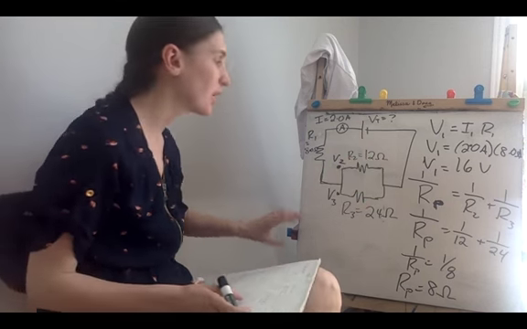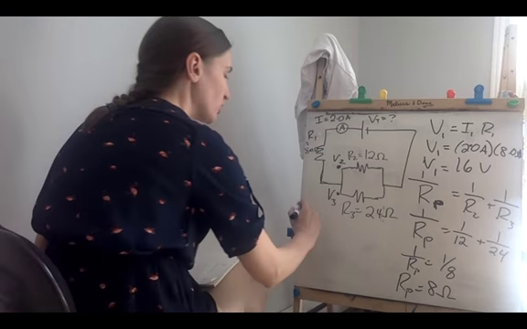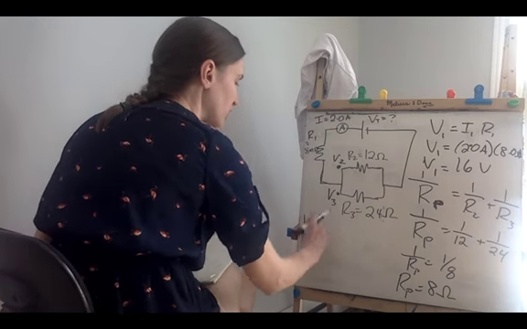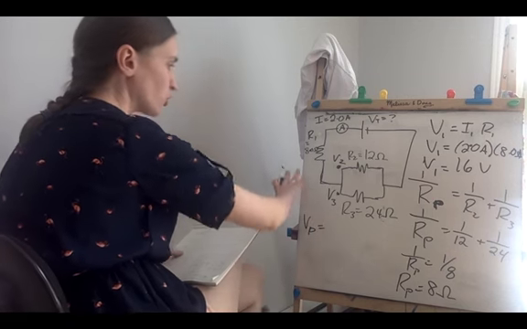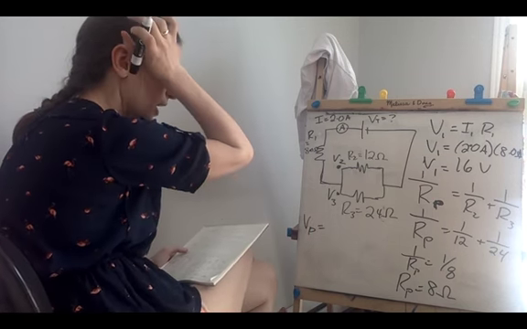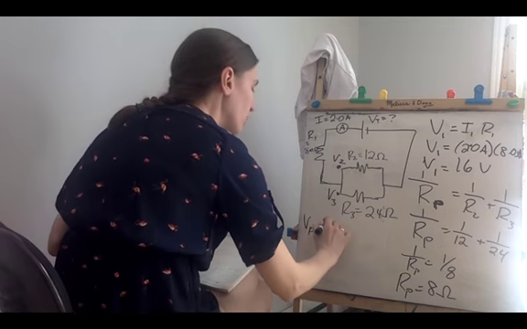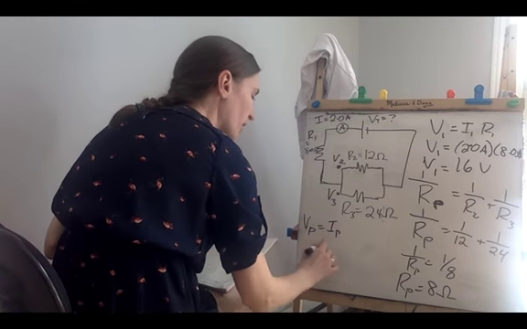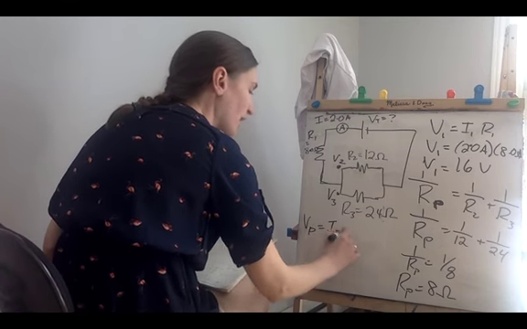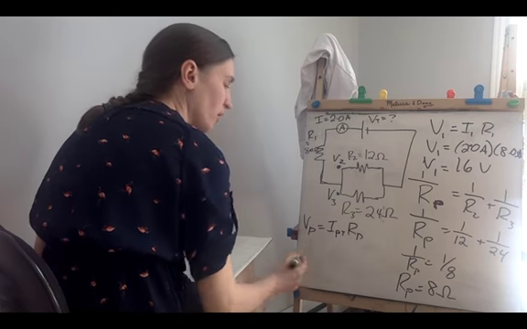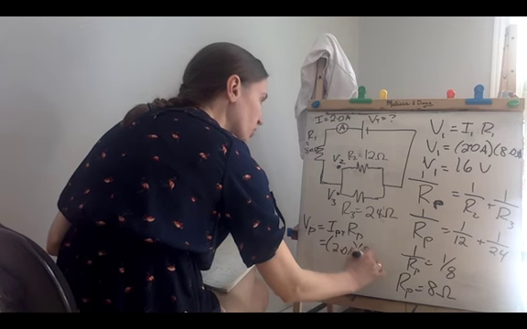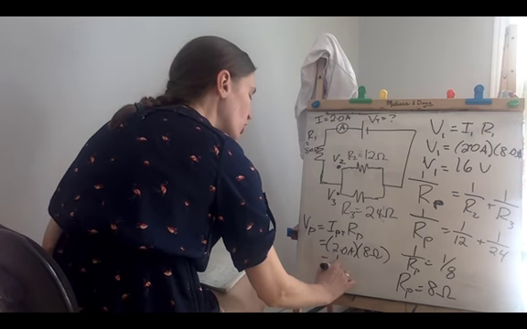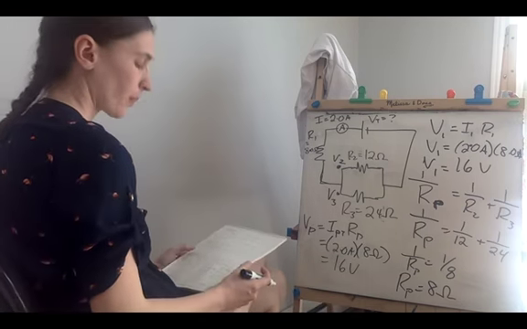So we can calculate the voltage, which I'll call V_P for the parallel section. The total voltage in the parallel section equals the total current passing through it multiplied by its total resistance, 2.0 amps times 8 ohms, so it's another 16 volts.